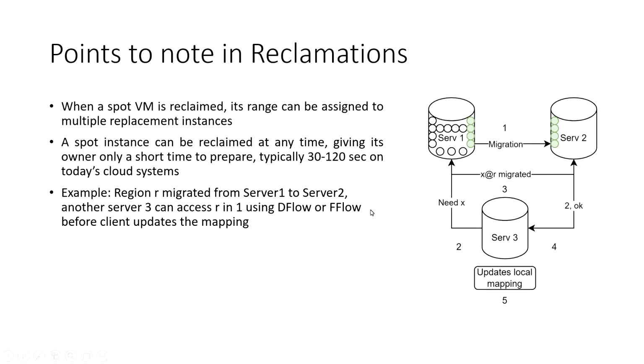And typically in real-time scenarios, this notification from the VM allocator is about 30 to 120 seconds, which tells the client that a particular server is about to be claimed, and then the reclamation happens.